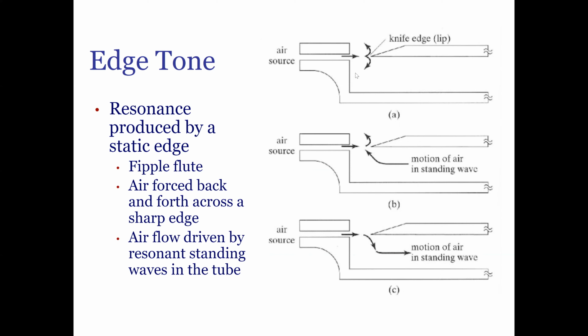So what happens is you get this turbulence here. If you have a frequency that matches the resonance of this pipe, then it's going to create a standing wave within the pipe where air can move in and out here, and create your audible tone at that point.